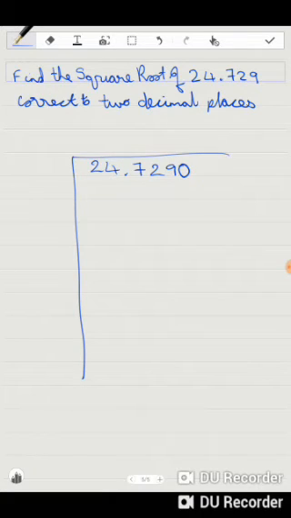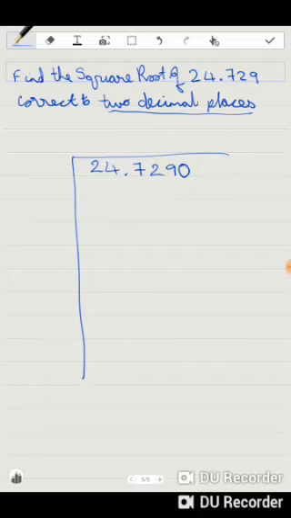But now if we have a closer look at the question, they're telling us to find the square root correct to 2 decimal places. So whenever they ask us to find the square root of a number up to, let's say, 2 decimal places, we will always find it up to 3 decimal places. Means we'll find it 1 more decimal place and then round it off to 2.